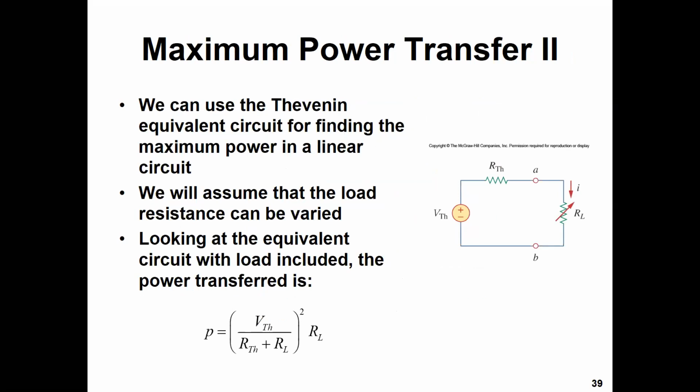So in order to find the maximum power transfer, we need to find VTH and RTH. And then, in order to transfer the maximum power from the voltage source to the load, we must match the load resistance and the R Thevenin.